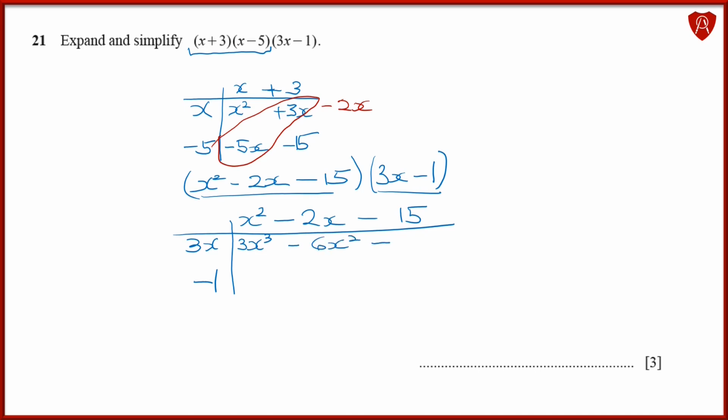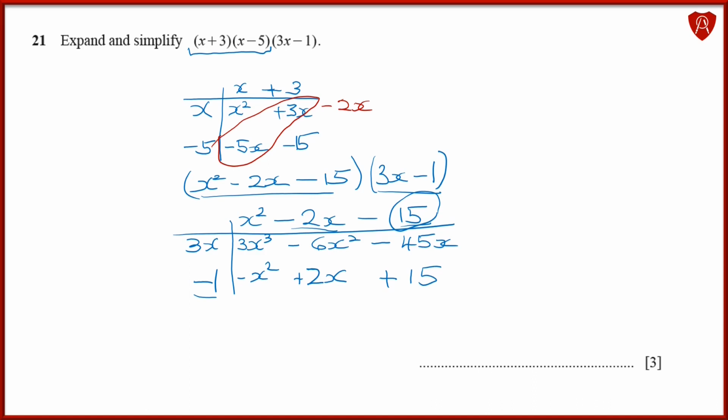The last place in the top row is negative 45x. Second row, x squared times negative 1 is negative x squared. Negative 2x times negative 1 is plus 2x. And finally, negative 1 times negative 15 is positive 15.